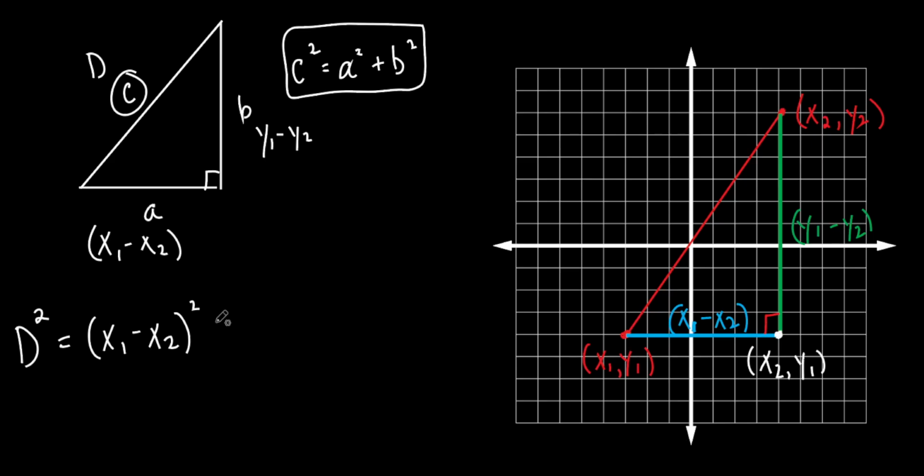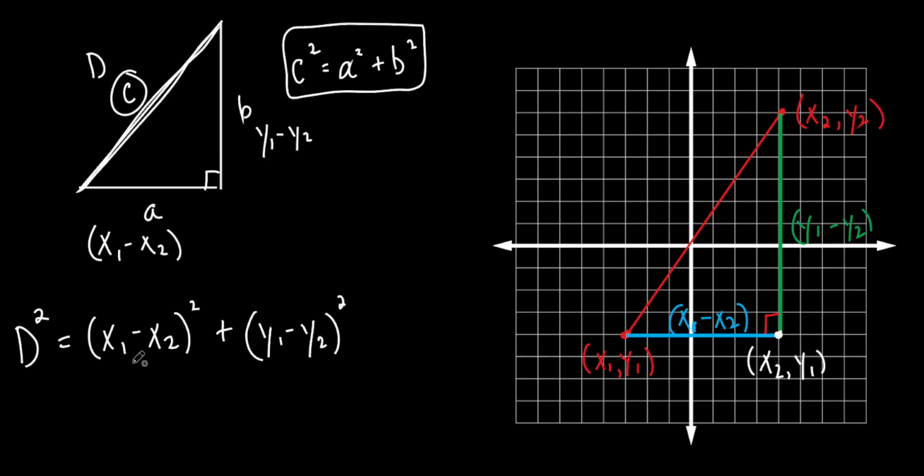Square it. And then plus the b squared. What was my b? y1 minus y2. And what do I do to that? Why am I squaring this stuff? Because I'm using the Pythagorean theorem to find that length right there. That's what I'm trying to find. I'm trying to find that length. So that's what I'm doing right here.